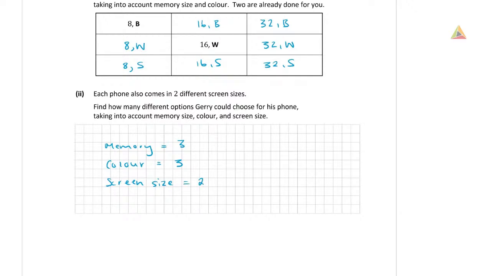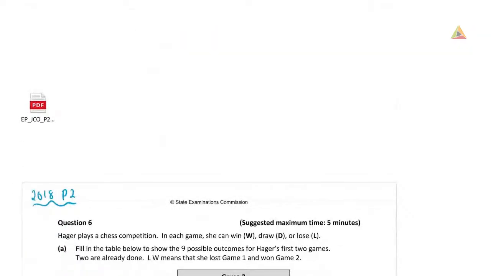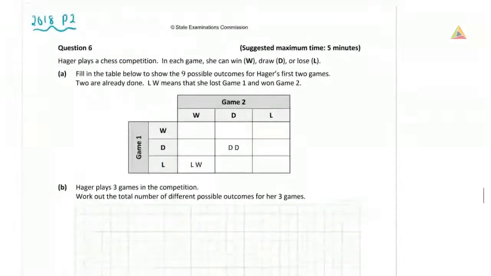So the total number of possible combinations that Jerry could choose from is going to be 3 by 3 by 2. You can put that straight into the calculator and you will get 18 different options. So that's the end of that question. It is. So now we're moving to 2018, paper 2.